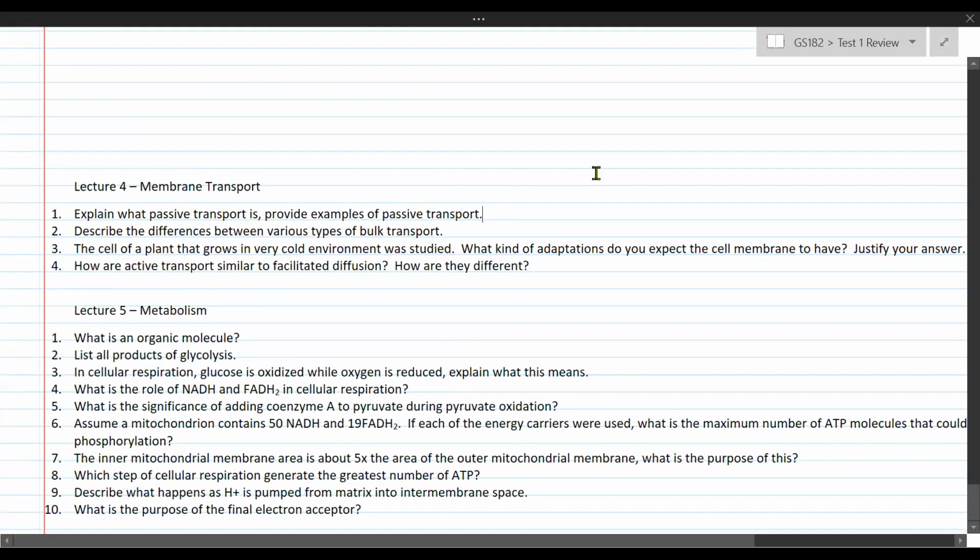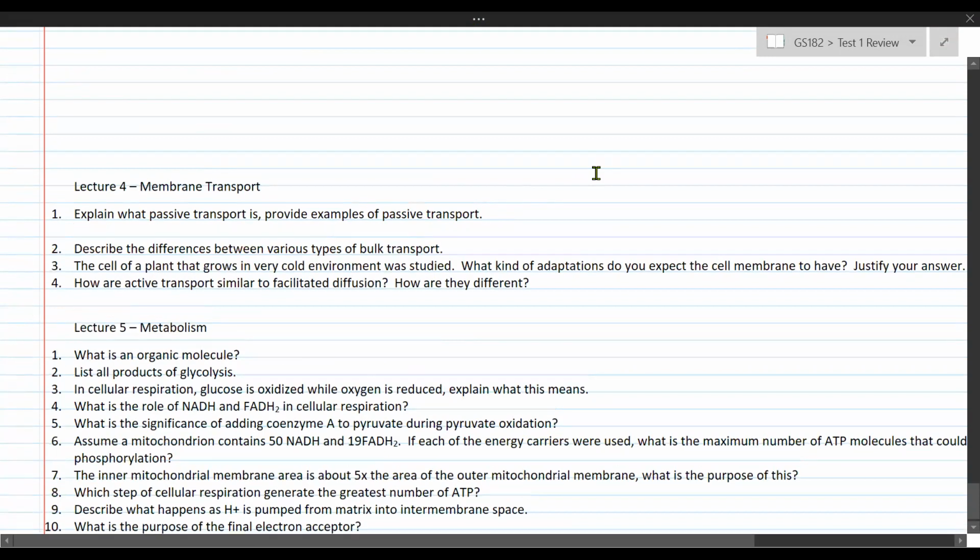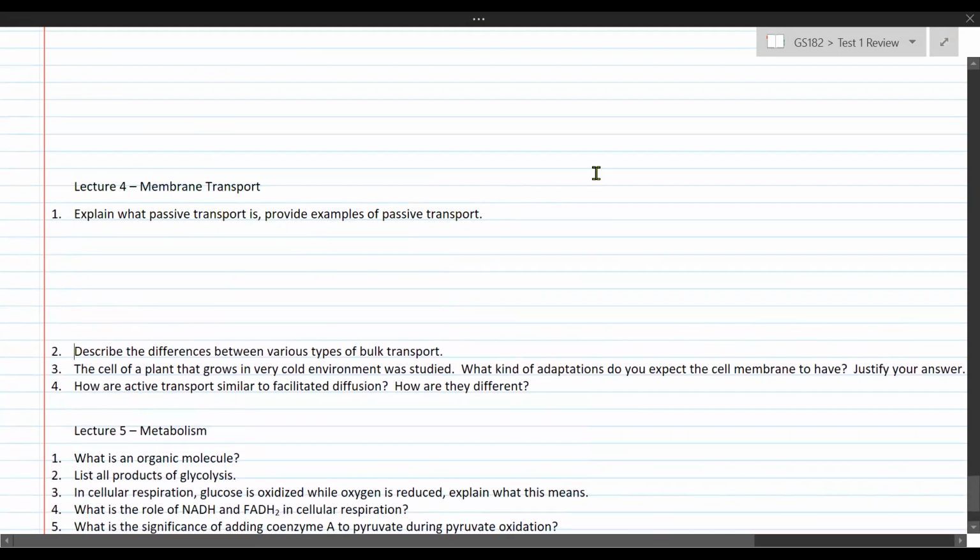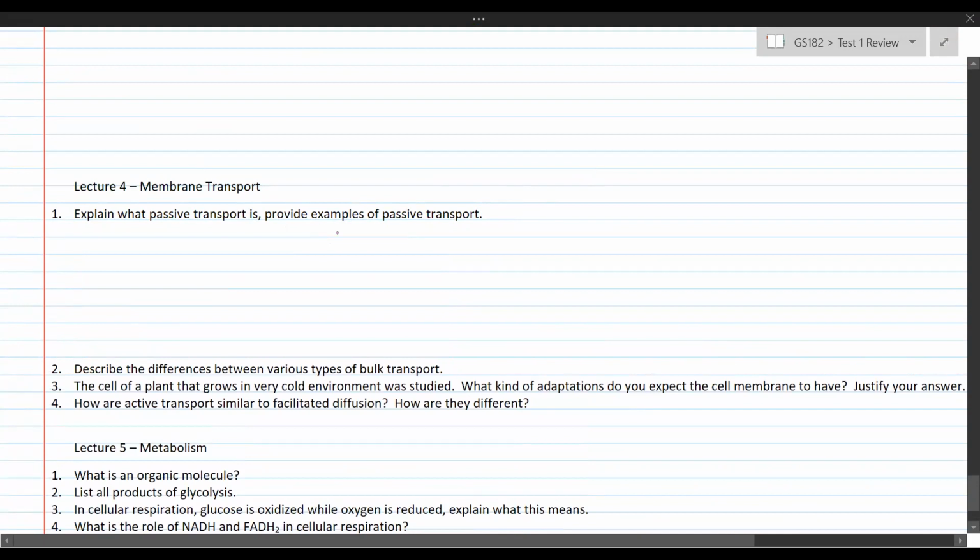Explain what passive transport is. Provide examples of passive transport. So, when you see a question like this, on your own, you should also do active transport, right? So passive transport is from high concentration to low concentration, no ATP requirement.